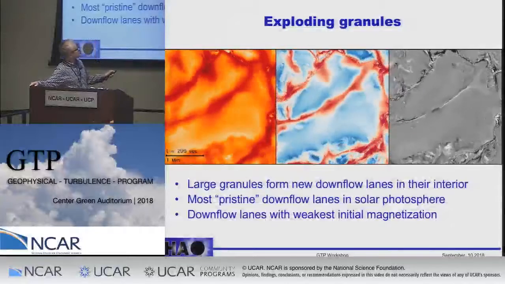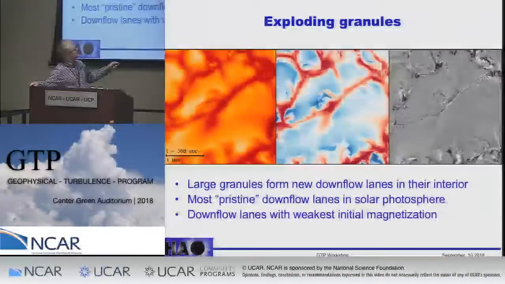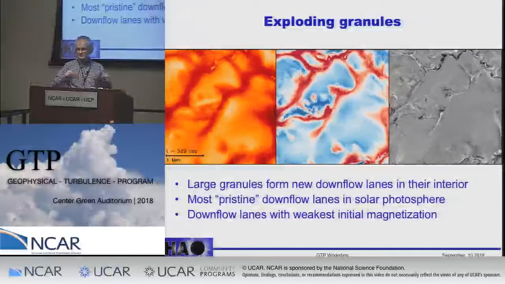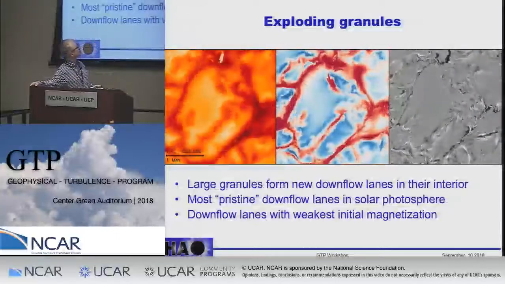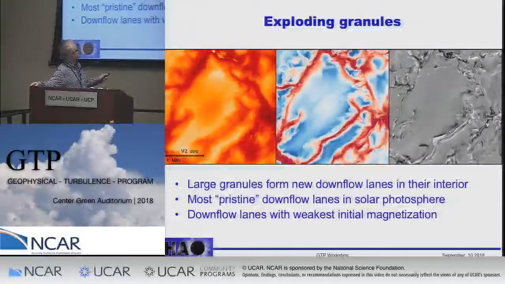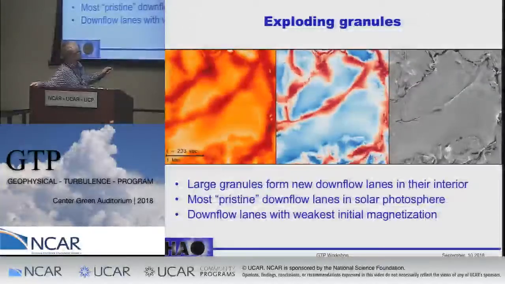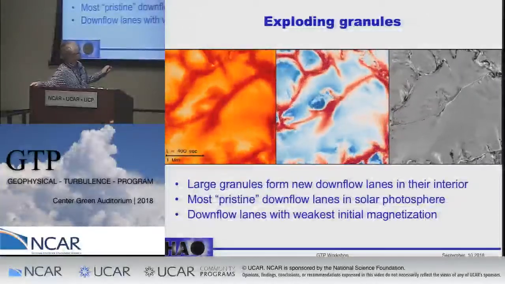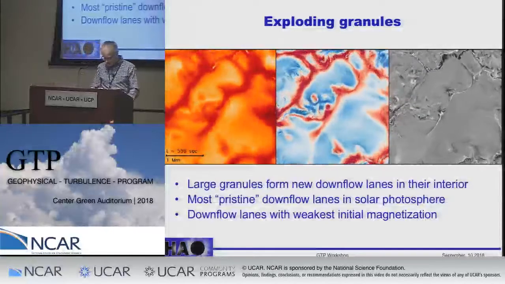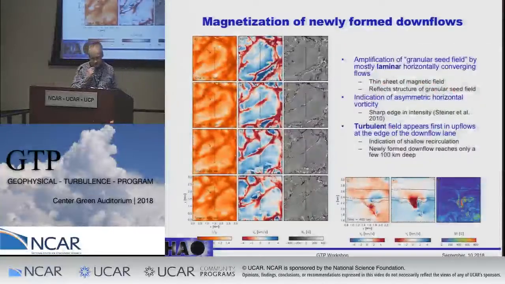What you see here is that you mostly form initially a thin layer of strong magnetic field, and turbulent magnetic field boils up a little bit later on one side of this new downflow lane, which happens right here. I slowly step through this movie, where I show different stages of the field amplification.